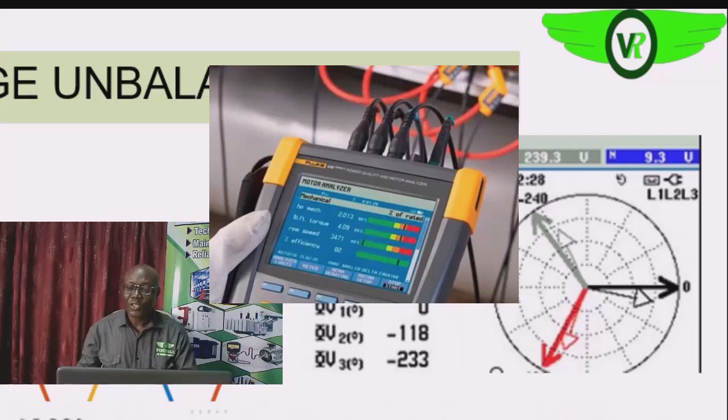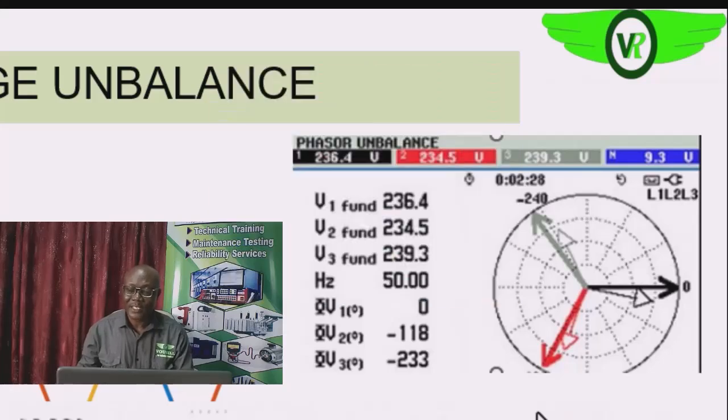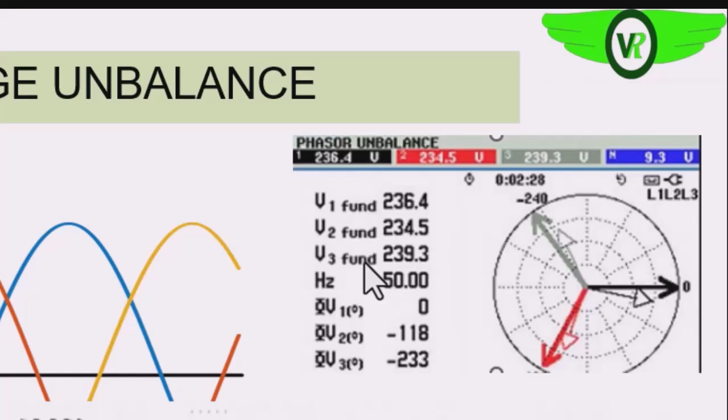The one to the right is the phasor diagram, and to the left we have the information of what we have on the system. You see the voltage levels: we have 236.4, we have another 234.5, and we have another 239.3.